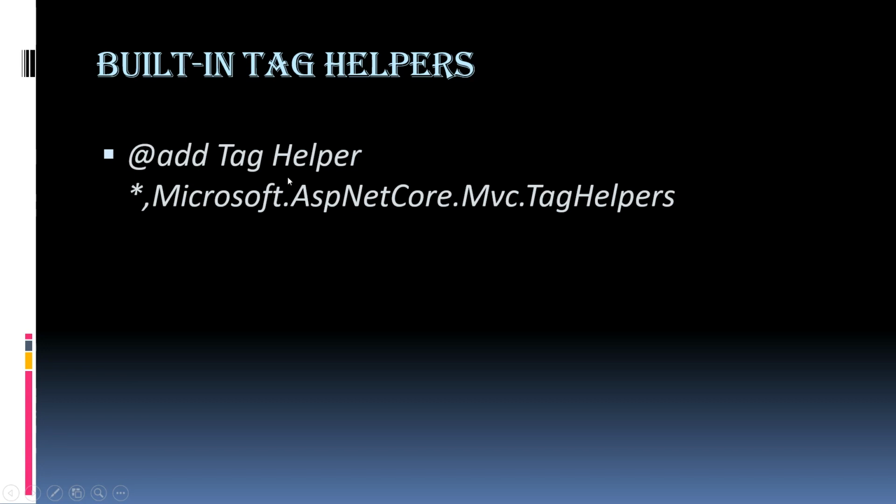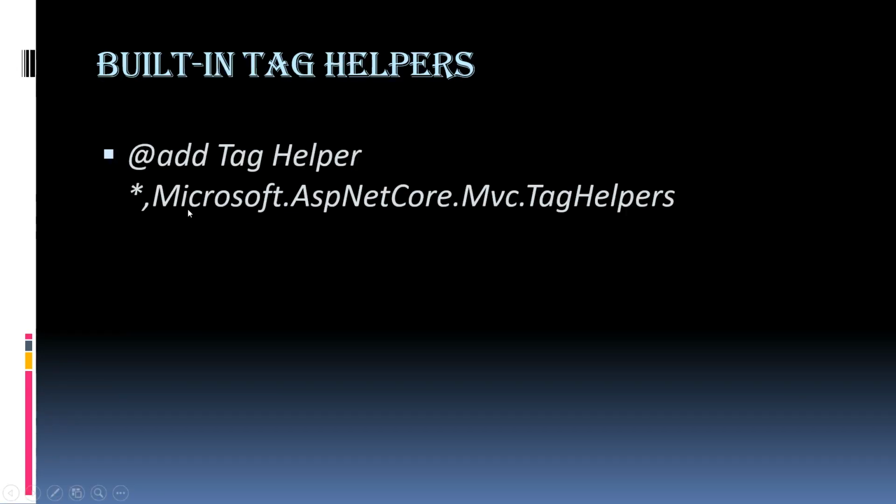So we need to import the Tag Helpers using this @addTagHelper directive. This makes the built-in Tag Helpers, which are defined in the Microsoft.AspNetCore.Mvc.TagHelpers assembly, available in the application. Here the wildcard asterisk specifies that all the Tag Helpers are made available.